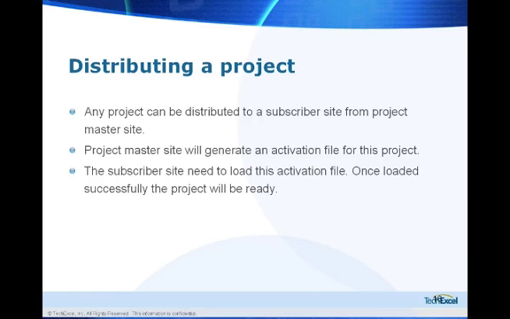And the reason we use the concept of the activation file is just in case it is a very large amount of data, you may not want to have to download all that data. So by providing an activation file, it's an easier, quicker way for you to transport all that data to the other site and then load it. The subscriber site then activates that activation file, and once loaded successfully, the project will be ready.